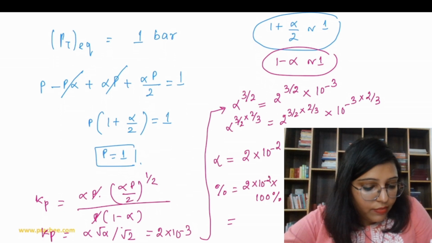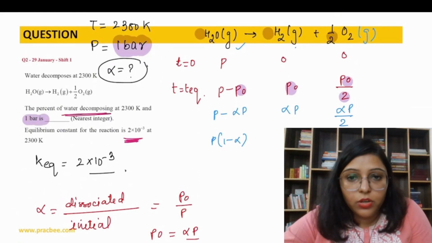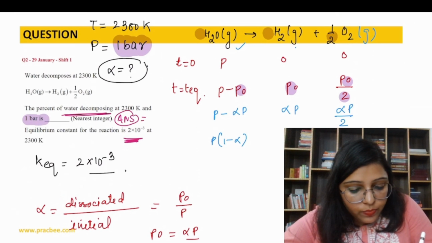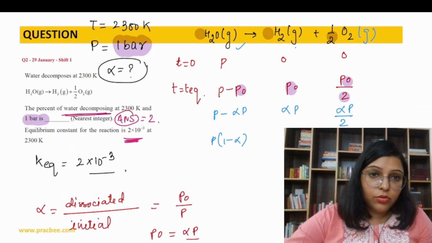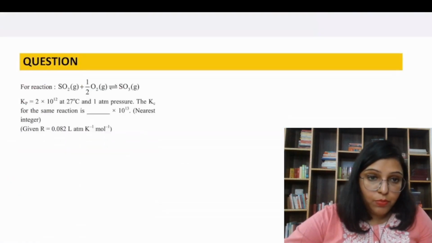So it means alpha ka value is equal to 2%. Right? Percentage, because we have to write the percent of water decomposing. So answer is 2. Clear? Understood how to solve this question? That is the way. Now let's discuss next type of question.